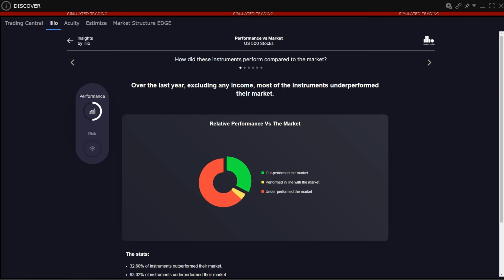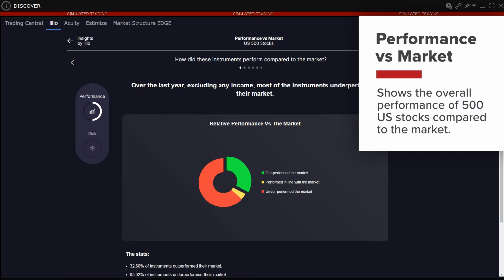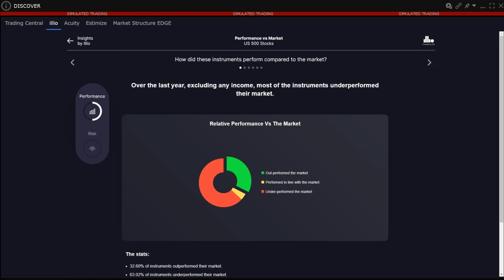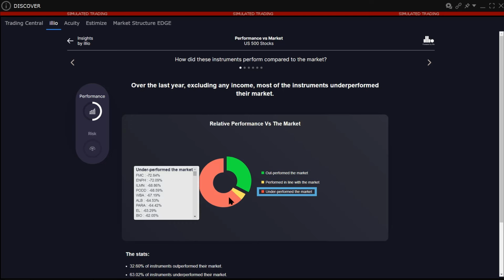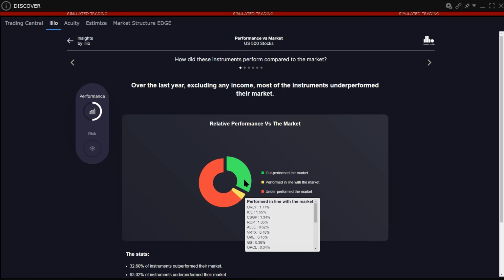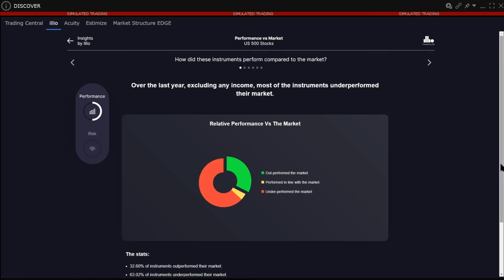The Performance versus Market area shows the overall performance of 500 US stocks compared to the market through an easy-to-read chart color-coded in green for stocks overperforming the market, yellow for those performing in line with the market, and red for those underperforming. Hover the cursor over the chart to see a list of each market in the category and their performance percentage.